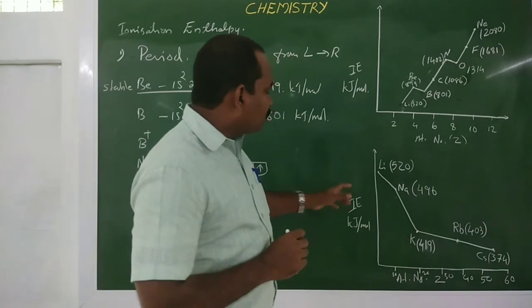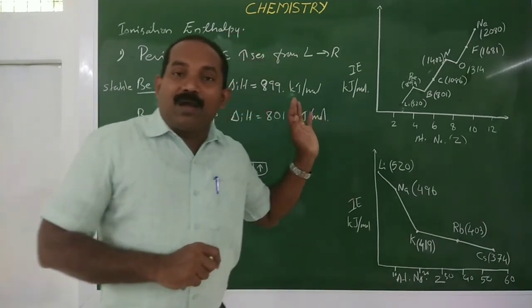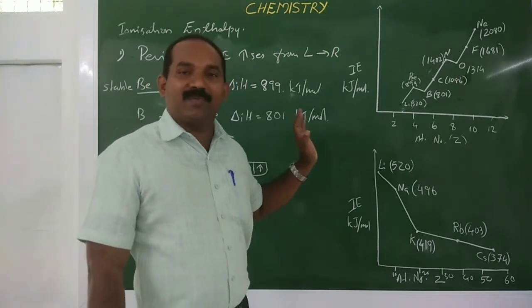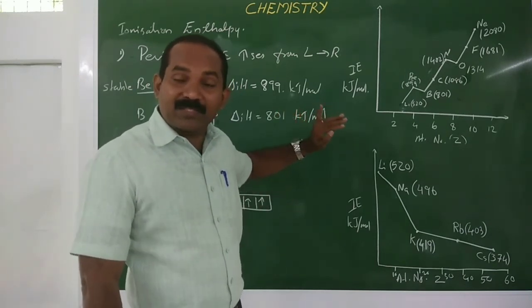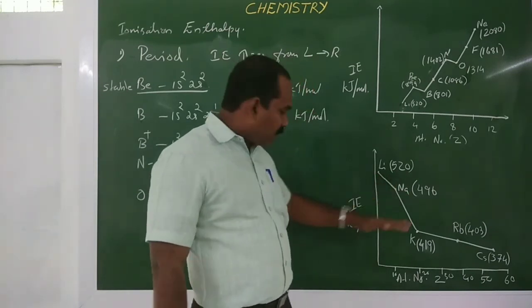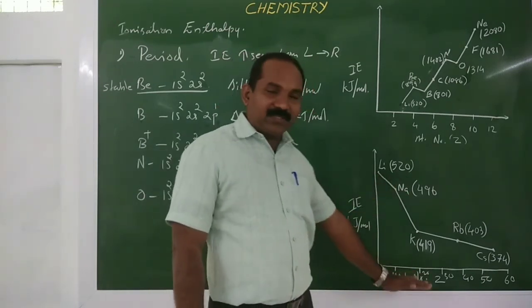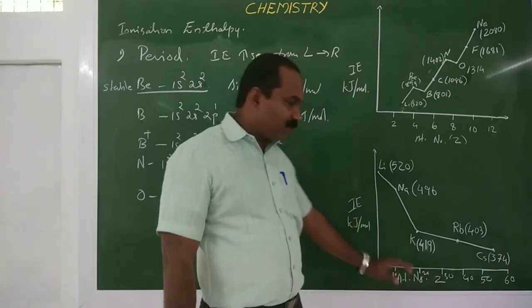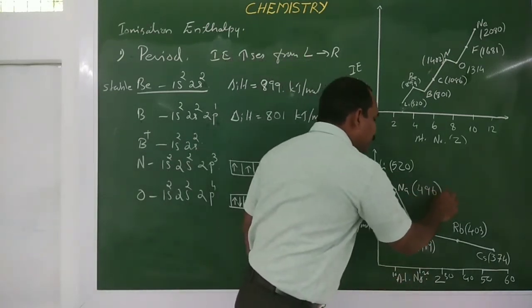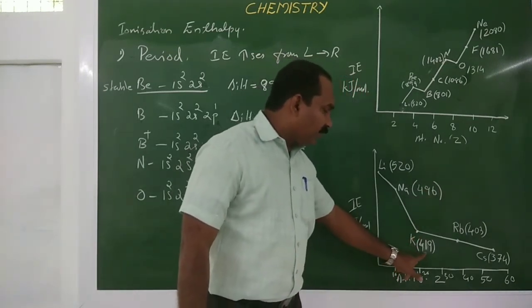Here I took the alkali metals, the first group elements. Ionization energy versus atomic number plots. Lithium 520, sodium 496 kilojoule, and potassium 490.